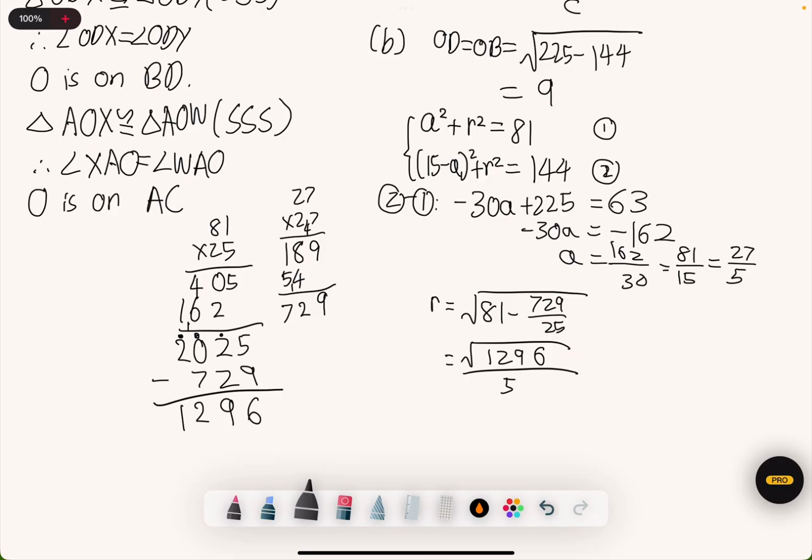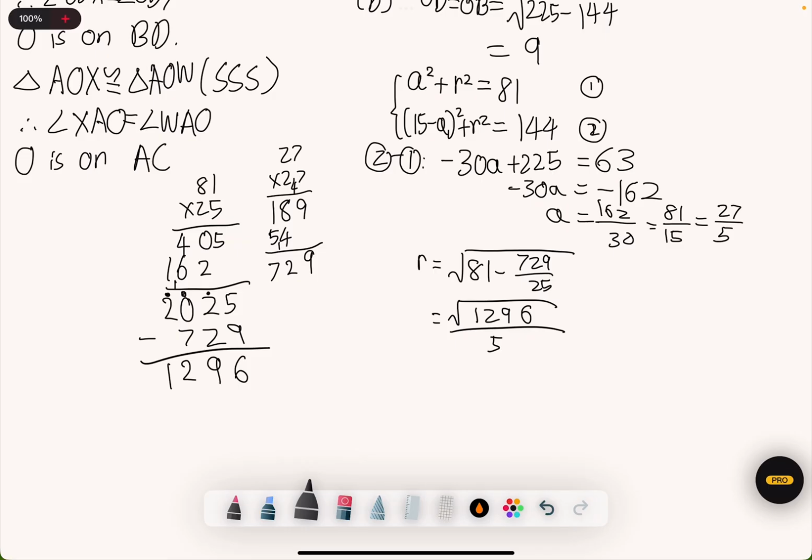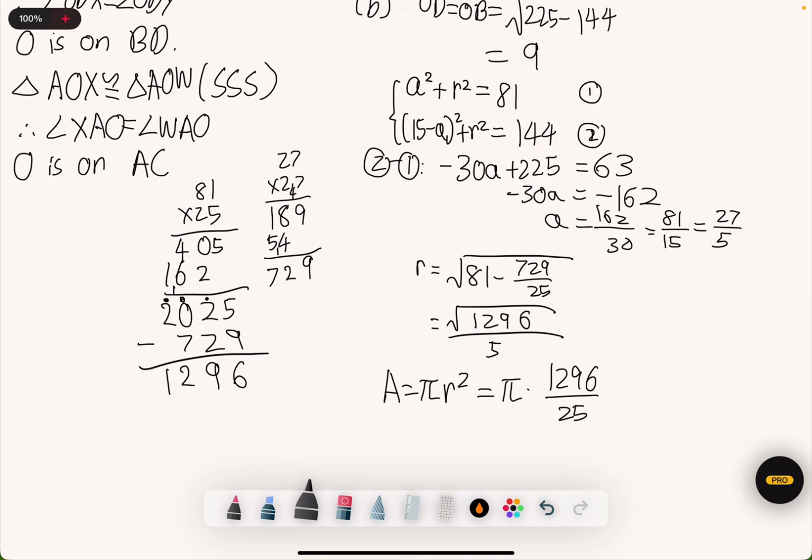So let's just not simplify this, because area is pi r squared, which is pi times 1296 over 25. And that is our answer.